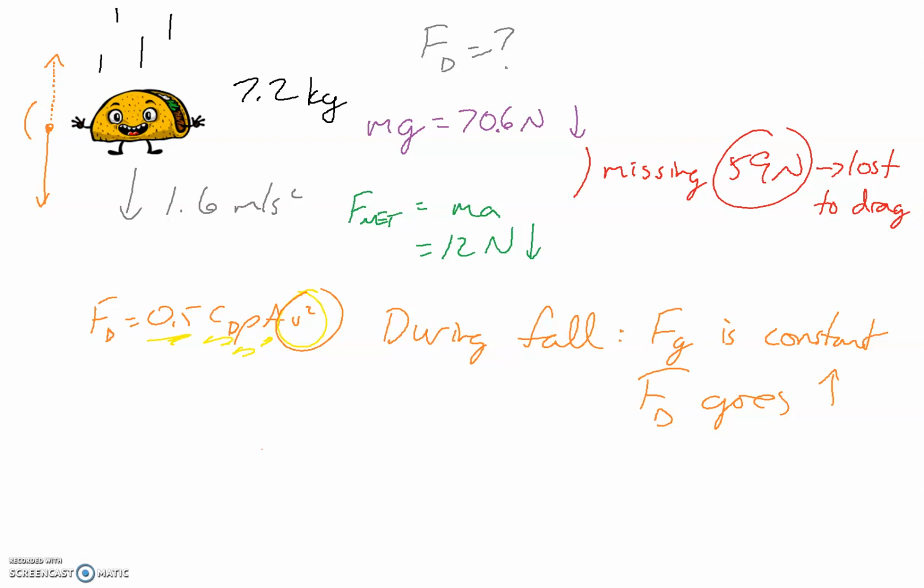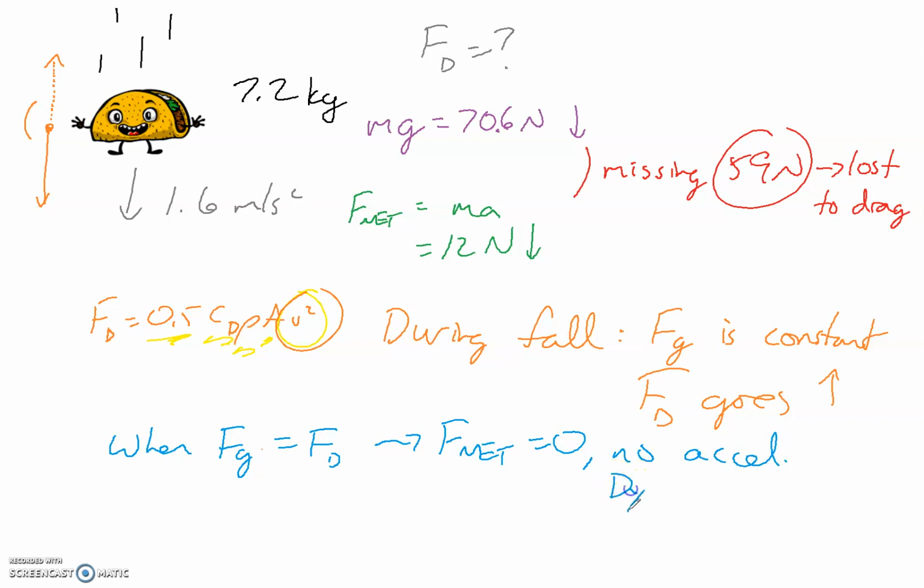So when the force of gravity is equal to the force of drag, like drag has actually gotten big enough to balance out gravity, your net force is going to be equal to 0, which of course means you've got no acceleration. So this would be then, you had this before, dynamic equilibrium.